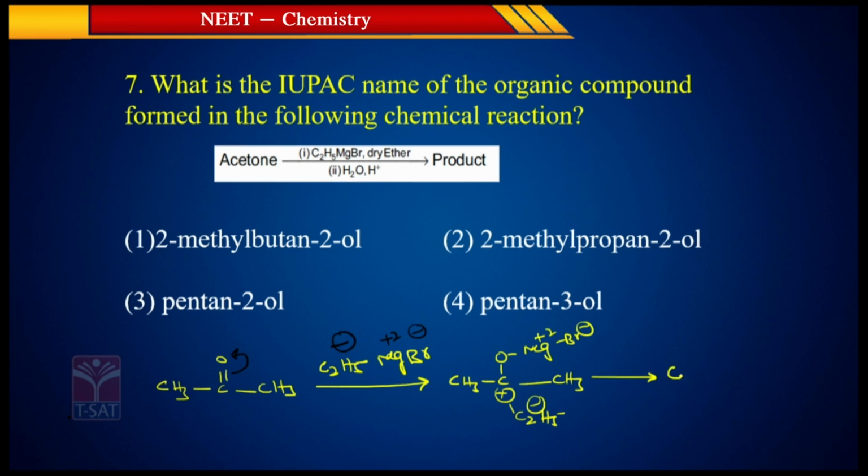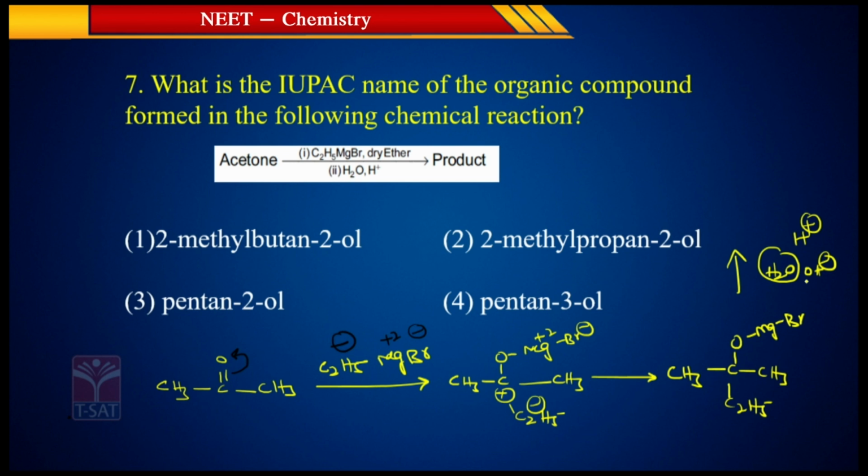As a result, you get CH3, C, O MgBr, with CH3 here and C2H5 here. Then it reacts with the second reagent, H2O. In H2O, you get H plus and OH minus. So this H plus attacks O minus and OH minus will go with MgBr. So that you get CH3, C OH, with C2H5 here and CH3 here.